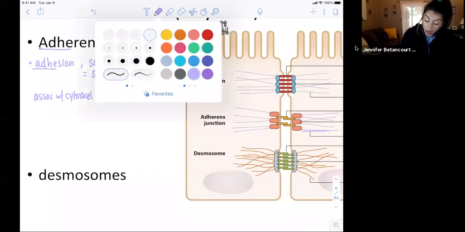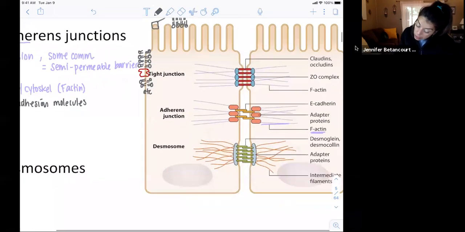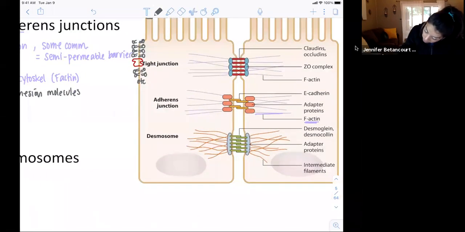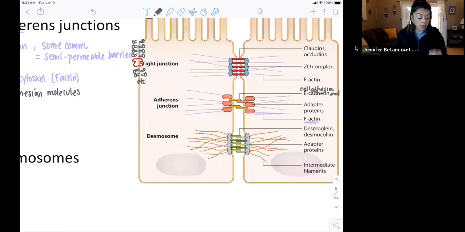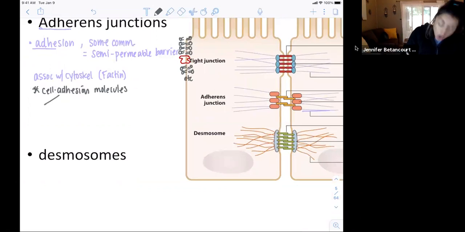It turns out, however, that the proteins that adherens junctions use for these junctions are called cell adhesion molecules. Really clever name, right? So this E-cadherin is a cell adhesion molecule. Some of these cell adhesion molecules are dependent on the ion calcium, so we call them calcium dependent.